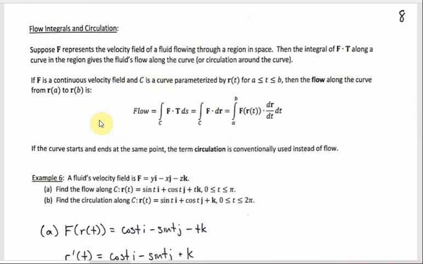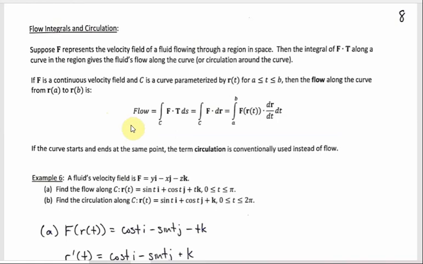Or if the curve starts and ends at the same point, it would be circulation. That's the only difference between flow and circulation. Really, a circulation is just a specific kind of flow, one where the start and end points are the same. And then generally for flow, that doesn't have to be the case.